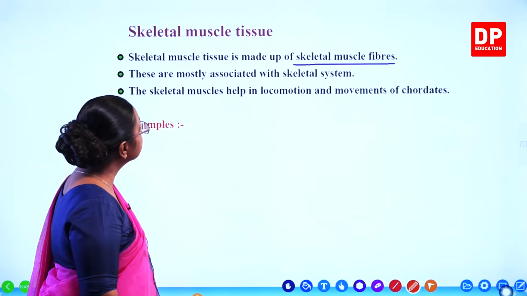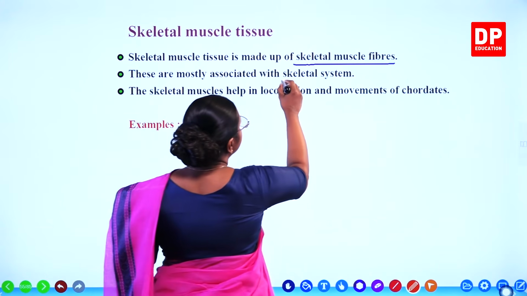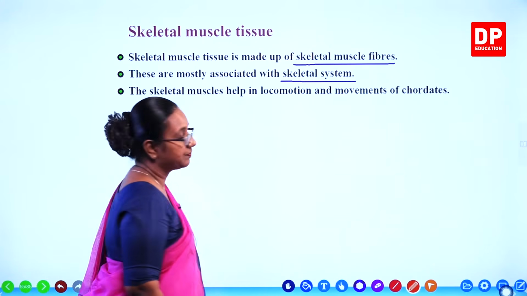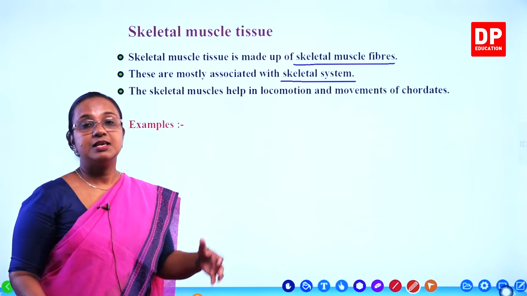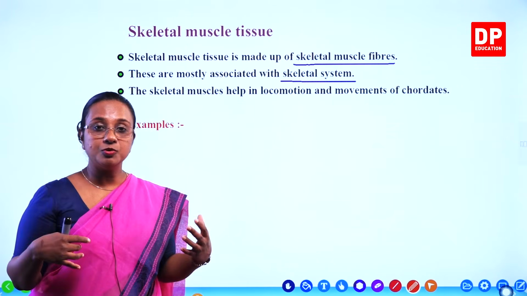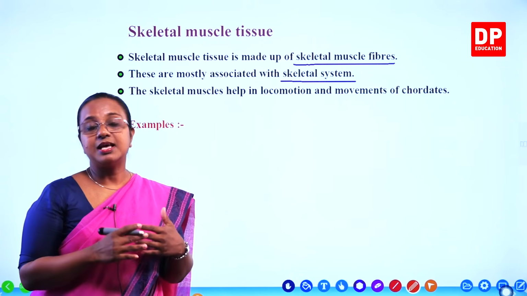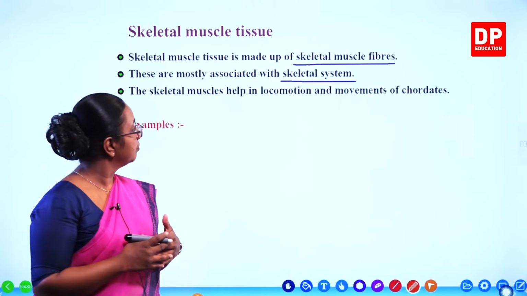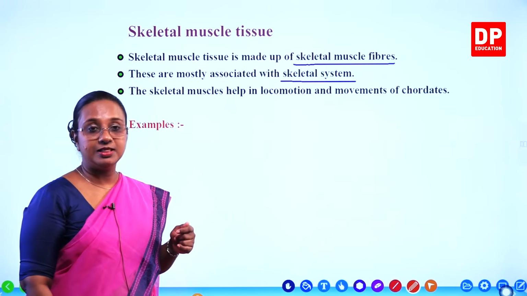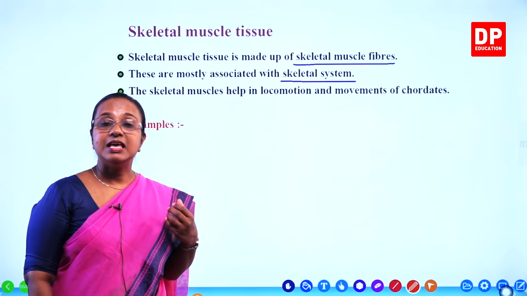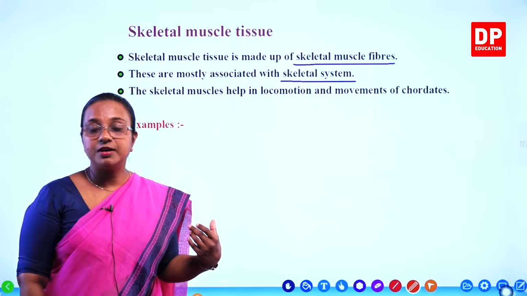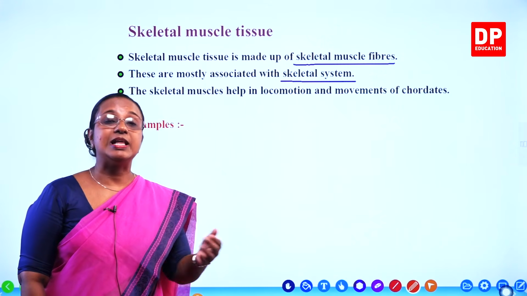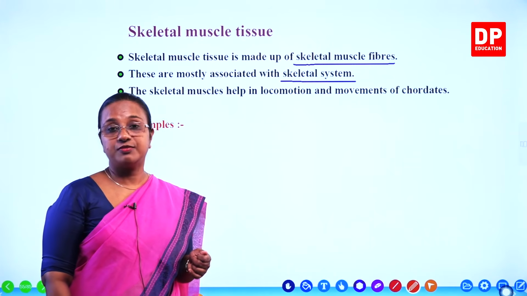These are mostly associated with the skeletal system. That is why we call them skeletal muscles. The skeletal system is the bones. So these muscles are attached to the bones or associated with the bones, so that they are mainly involved in movement of different parts of the body as well as in locomotion of the body.